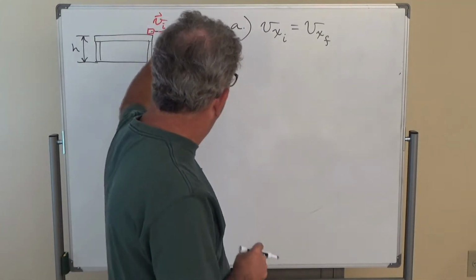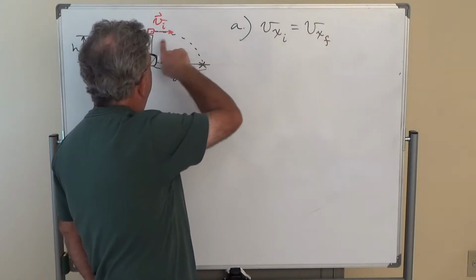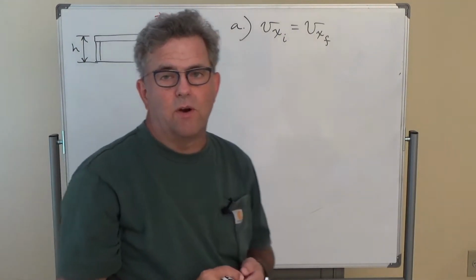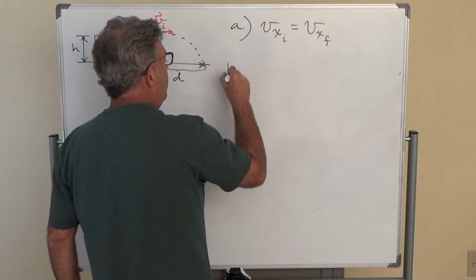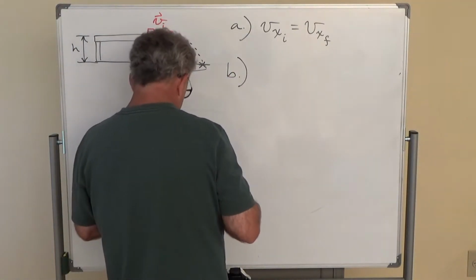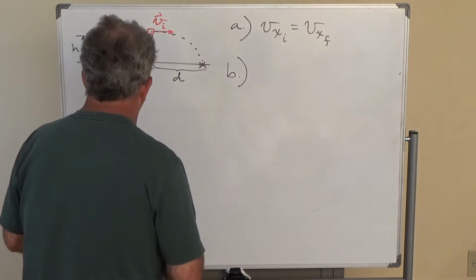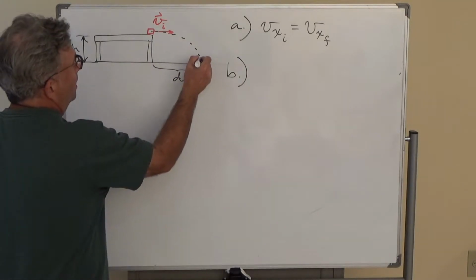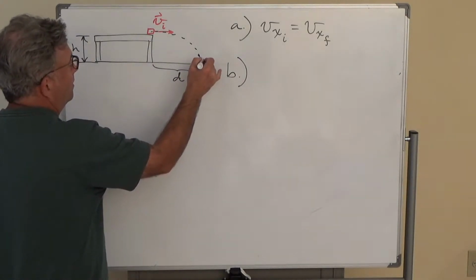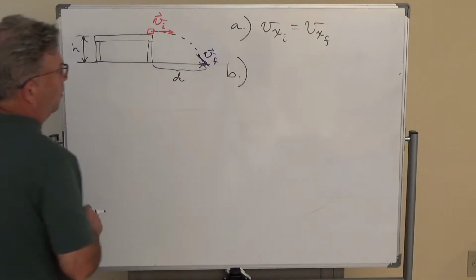When it hits the floor, the component of its x velocity is exactly the same as when it started. But in the y direction, it's gained some velocity in the negative direction. So when it hits the floor, it's like this. There's V final, right at the point of impact.